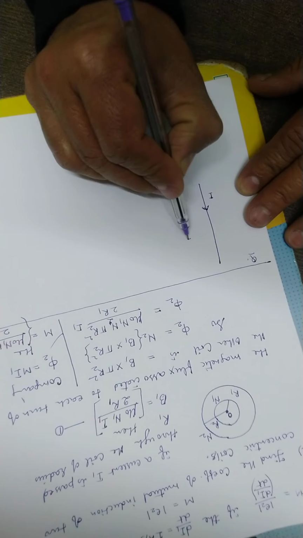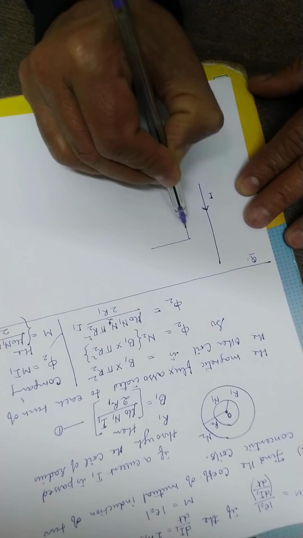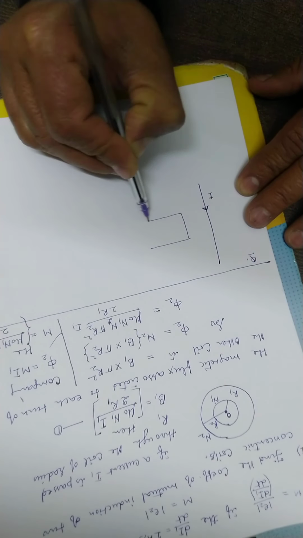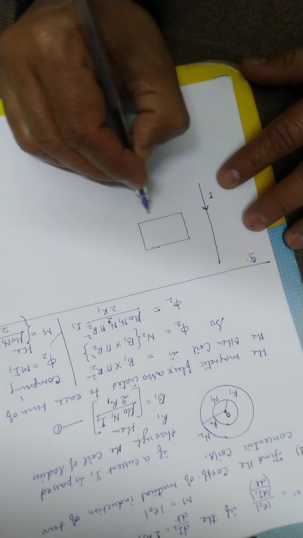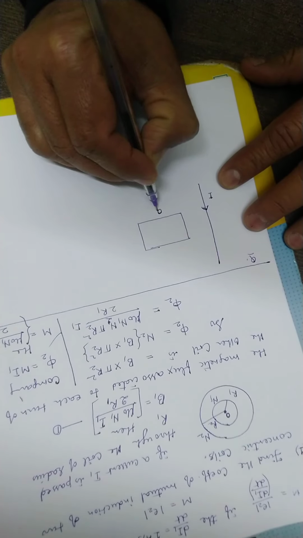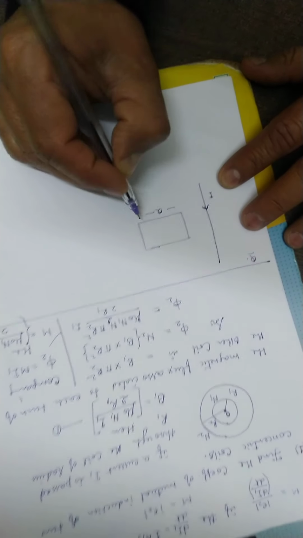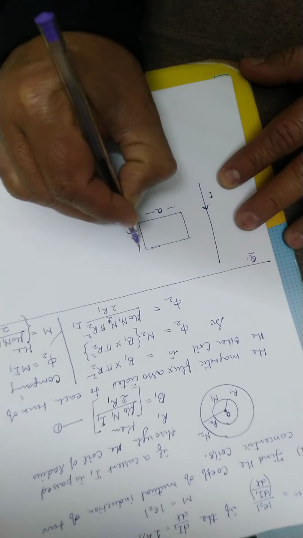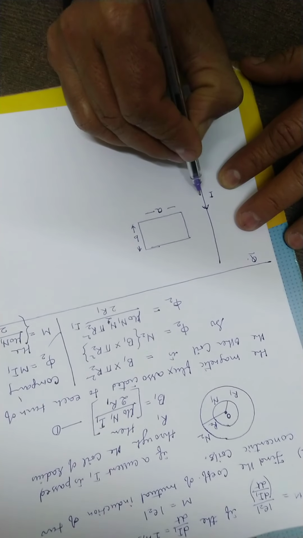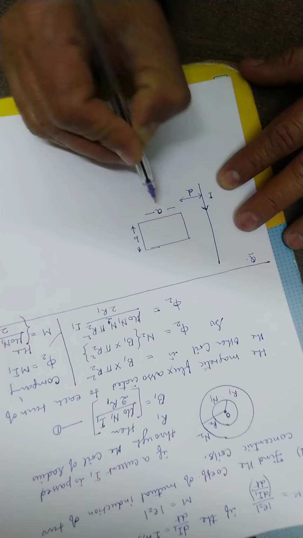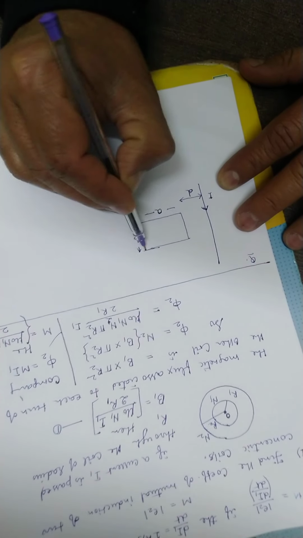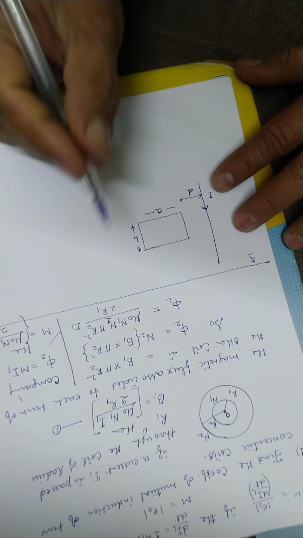And there we have placed a rectangular closed loop of length A and width B at a distance D from it. One arm of the loop is at a distance D.